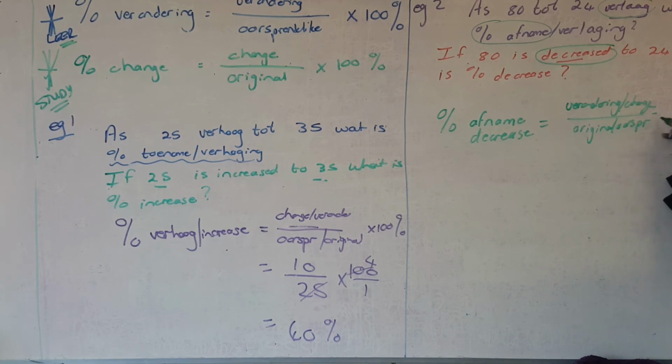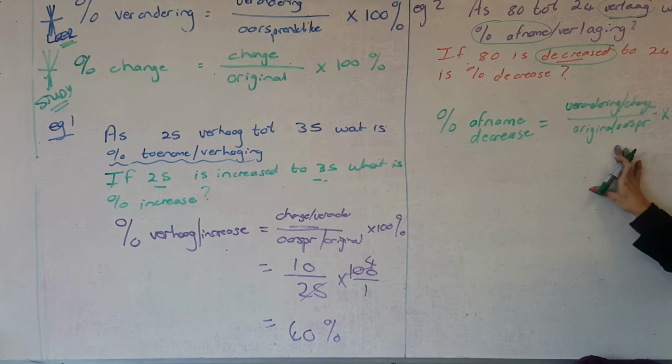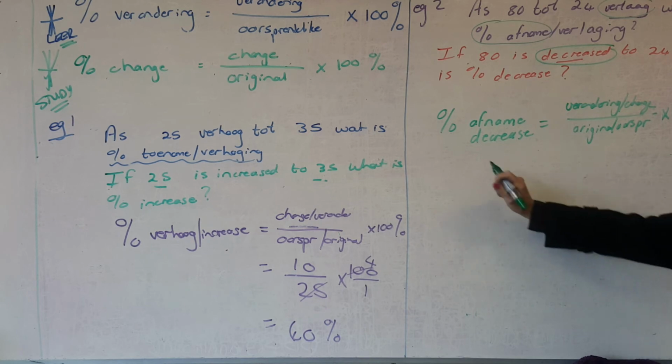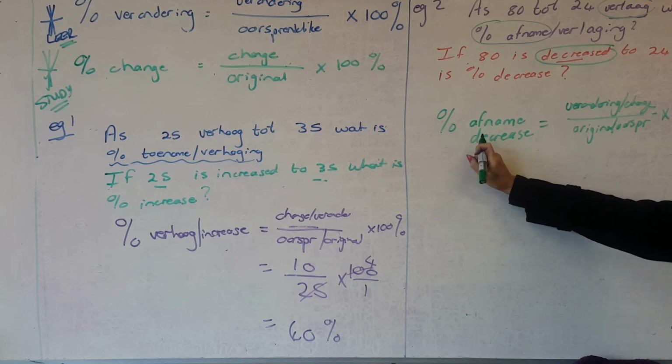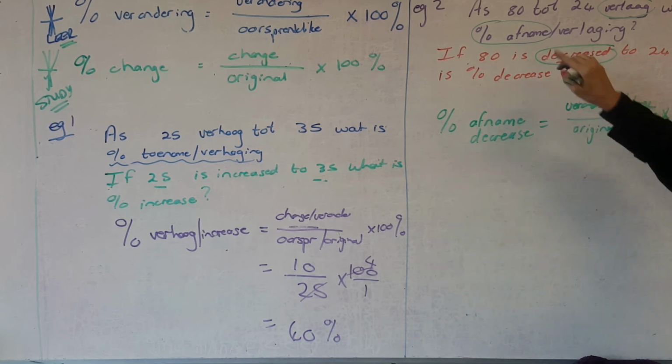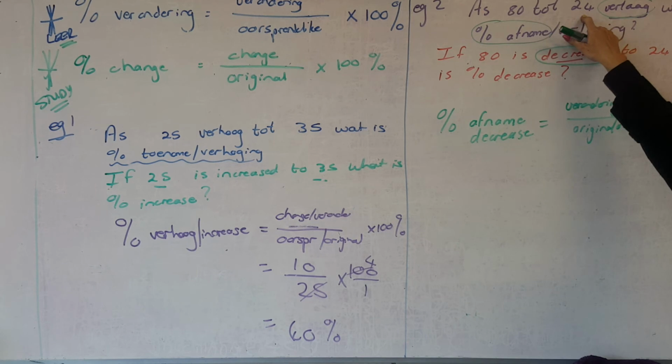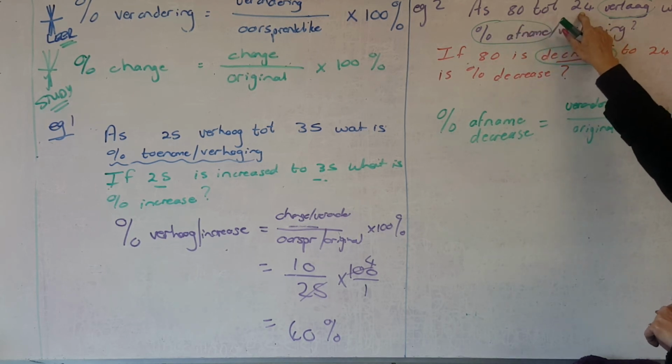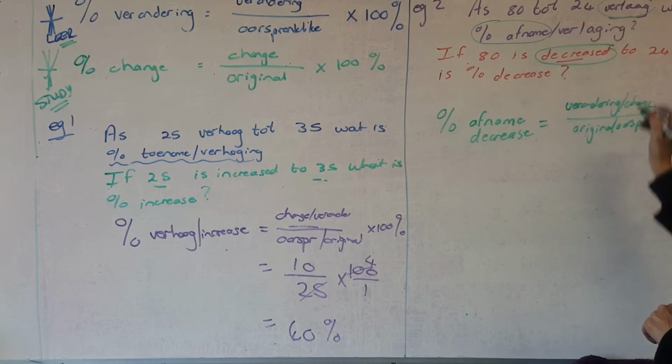Please write this down every time you do a sum like this. Ons skryf vir die formule neer wat sê, persentasie wat dit ook al was, toename, afname, is die verandering op die oorspronklike. Wat is die verandering? What changed? Hy het van 80 na 24 verander. So daar was 'n afname. So van 80 tot 24, dan vat ek my sakrekenaar en dit gee vir my 56.